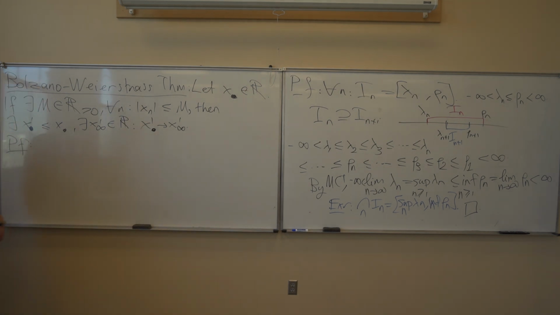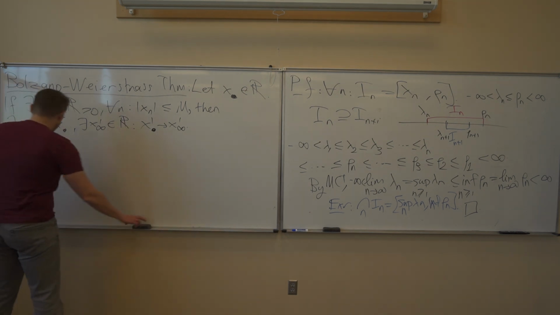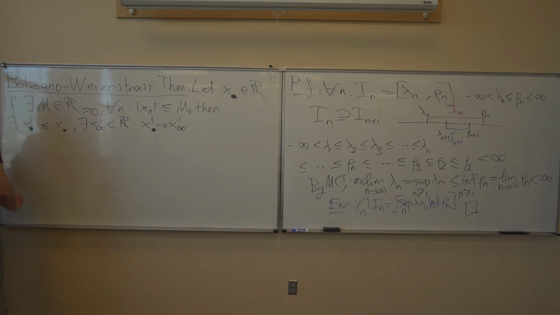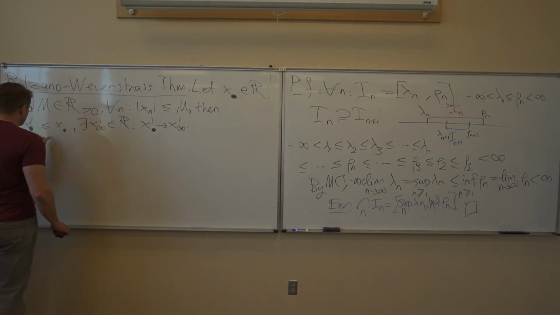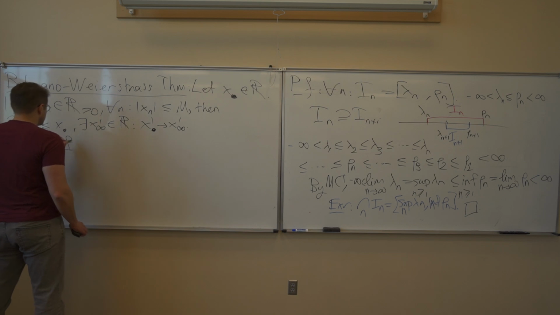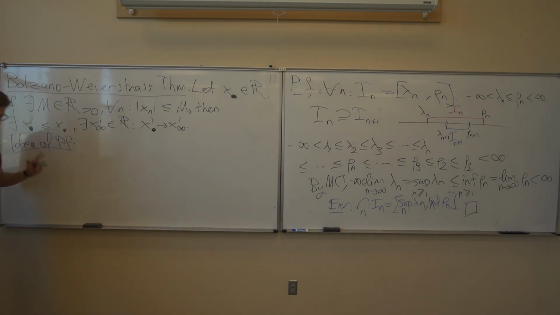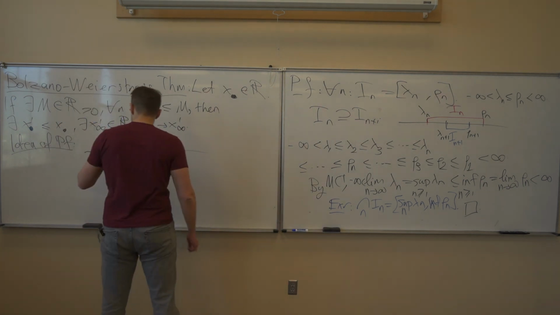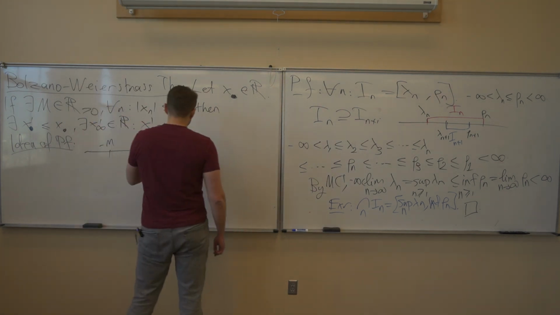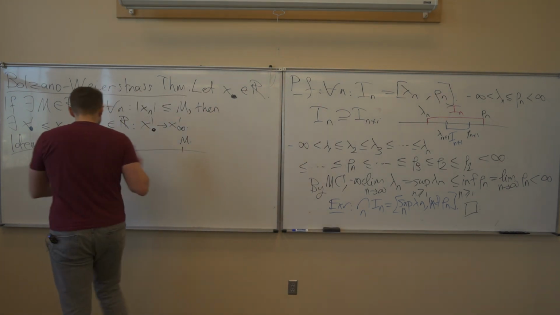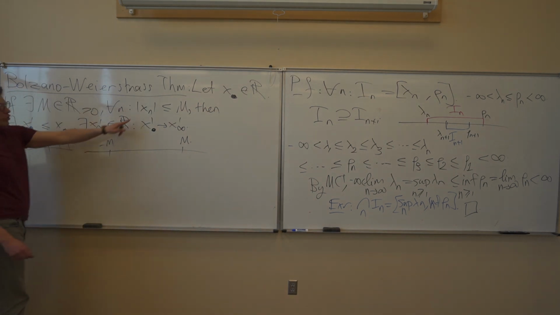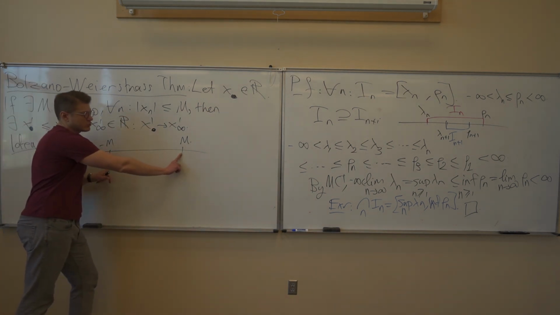Maybe I should give you the idea. Idea of proof. This is one proof. Maybe tomorrow we can discuss yet another proof. But here's what I want to do, okay? I have minus M, plus M. That's an interval. I know that all x sub n's are in this interval.